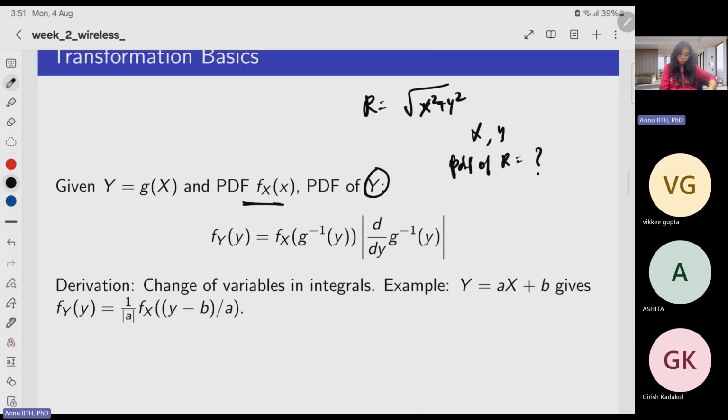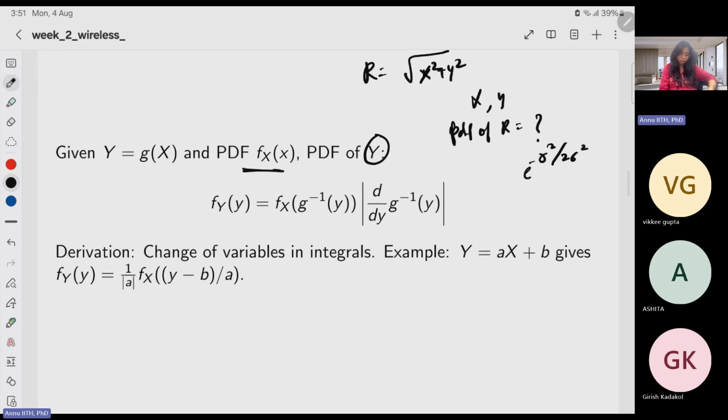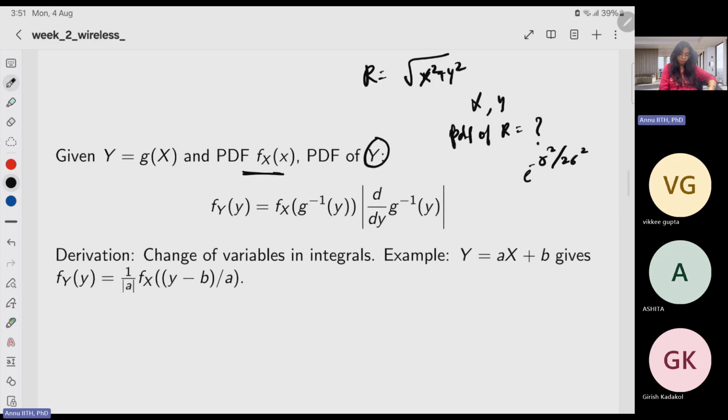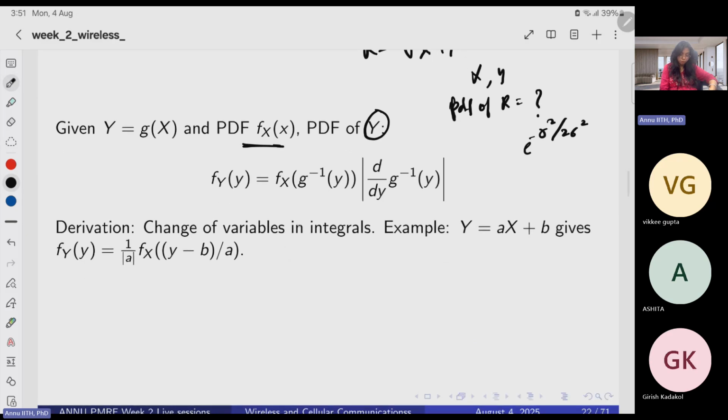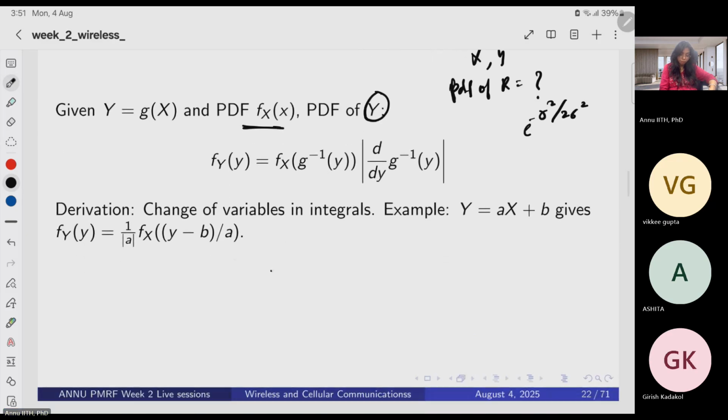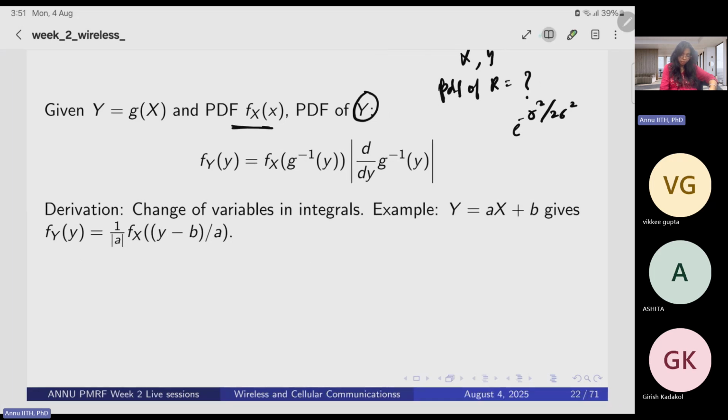We saw that it is e power minus r square by 2 sigma square. But how will you calculate it for a simple function?